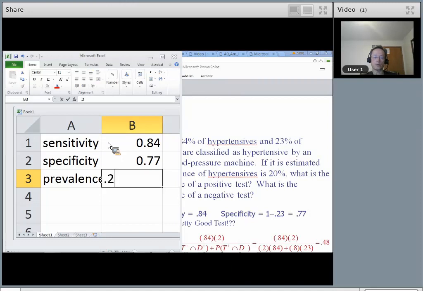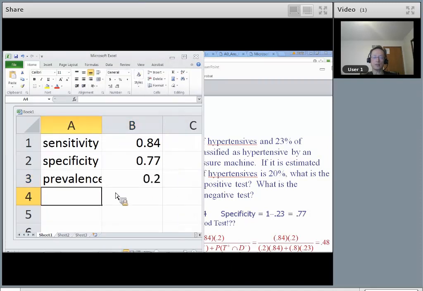That's 20%. Here, the predictive value of a positive test can be calculated this way. So I want to say predictive value of positive test.